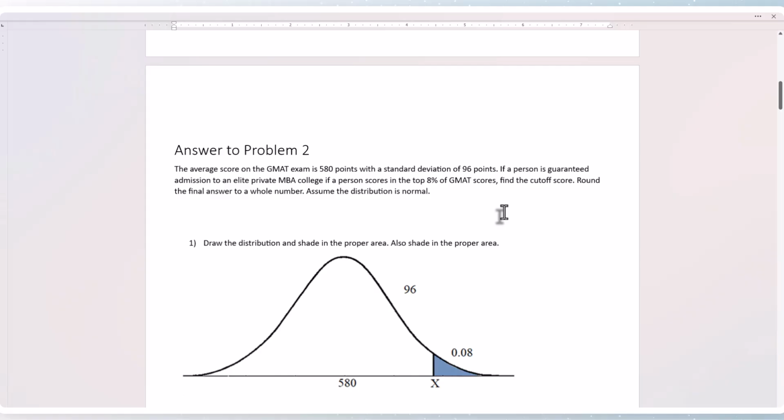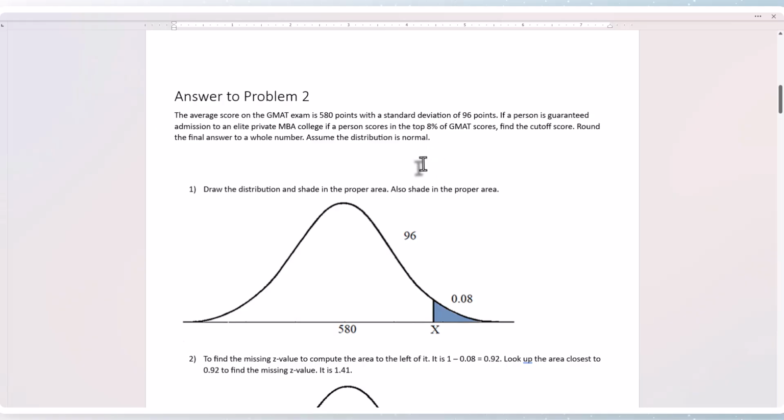Problem 2. The average score on the GMAT exam is 580 points with a standard deviation of 96 points. If a person is guaranteed admission to an elite private MBA college if that person scores in the top 8%, find the cutoff score.